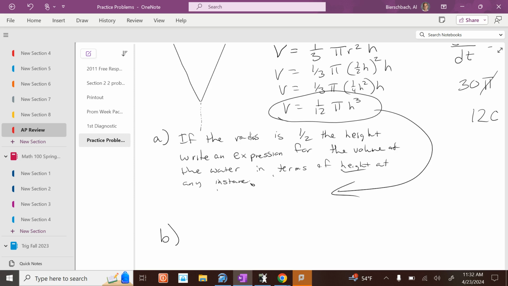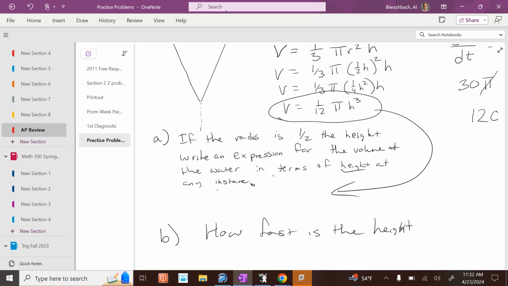So then, or I should say, how fast is the height changing?